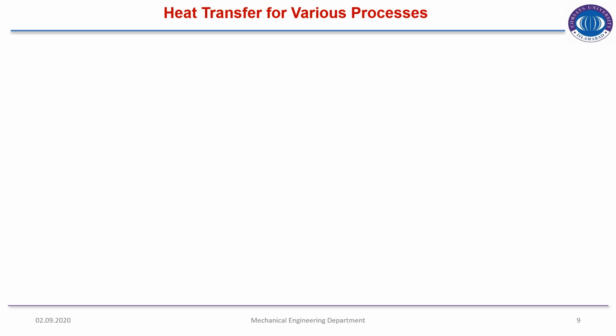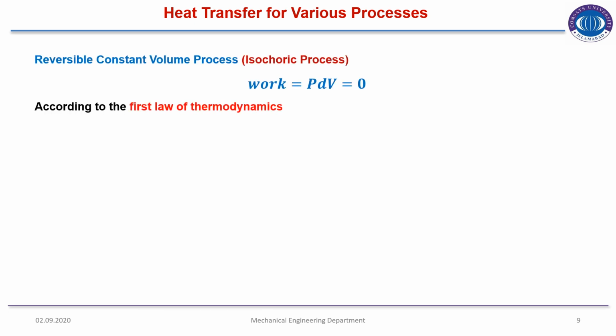Heat transfer for various processes. The first process is the isochoric process. We know that the isochoric process is a constant volume process. The formula for work is PdV.